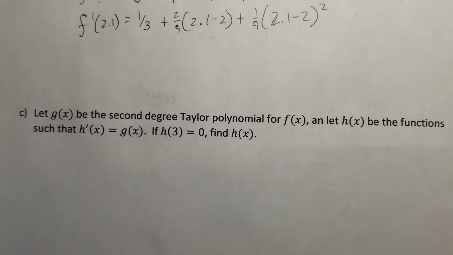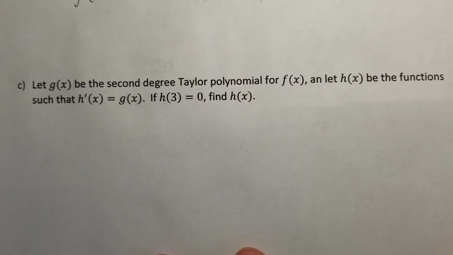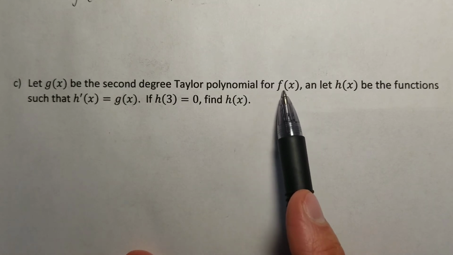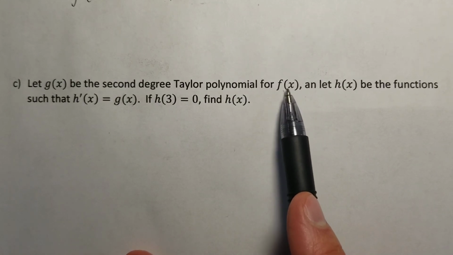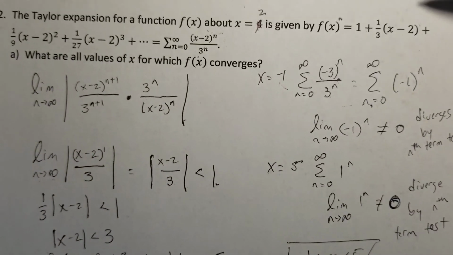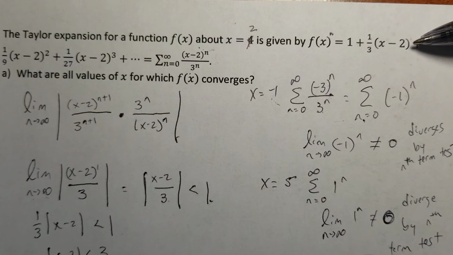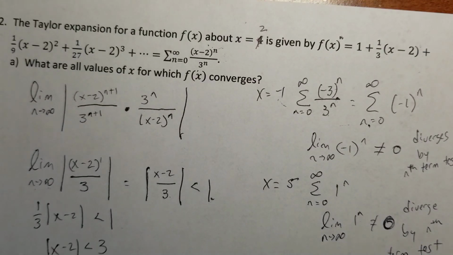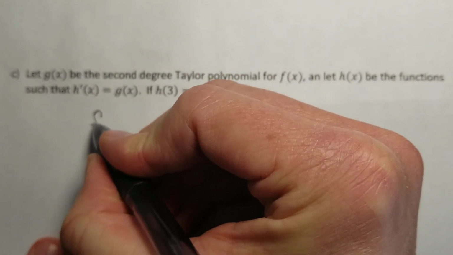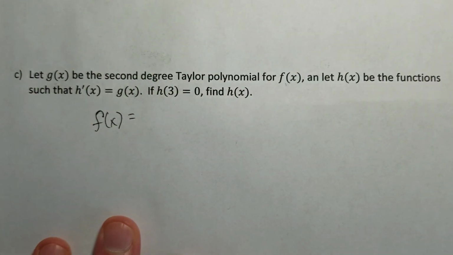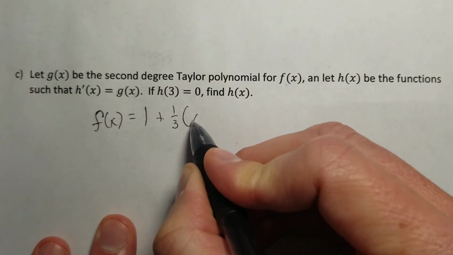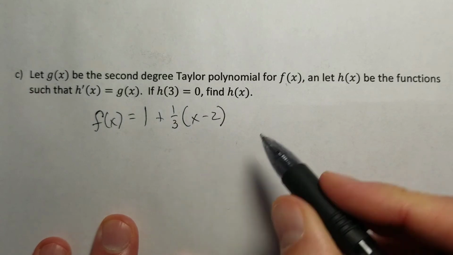All right, let's jump down to letter C. Letter C. Introducing g of x. It says let g of x be the second degree Taylor polynomial for f of x. So f of x, we were given as the expanded polynomial for the series up here. Now I want the second degree Taylor polynomial for this. So I'm just going to copy those down. So f of x here, we start with 1 plus 1/3 times x minus 2, first degree, right?